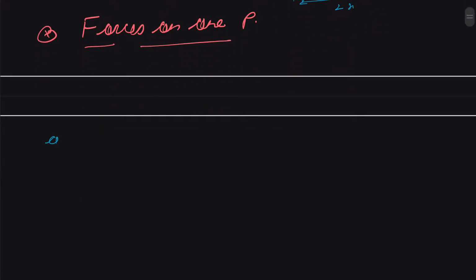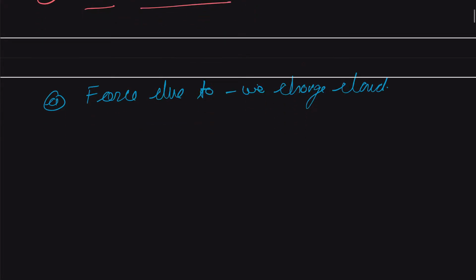So in part A, the force due to the negative charge cloud. Straightforward, we can write its magnitude.